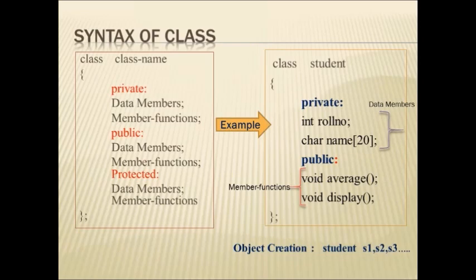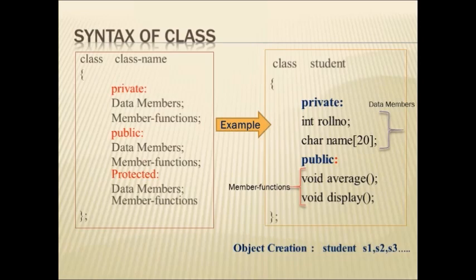The name is of type character array. Those 2 are declared in the private section, so those are known as the data members. In the public part, 2 functions are there, average and display. Those are referred to as the member functions. Those member functions can access the variables roll number and name.